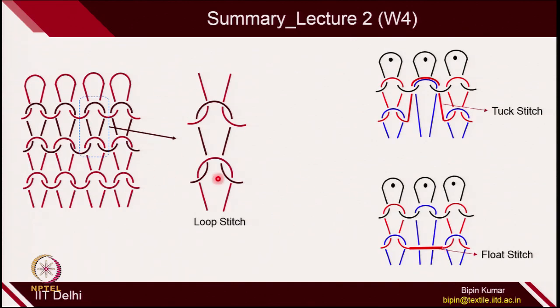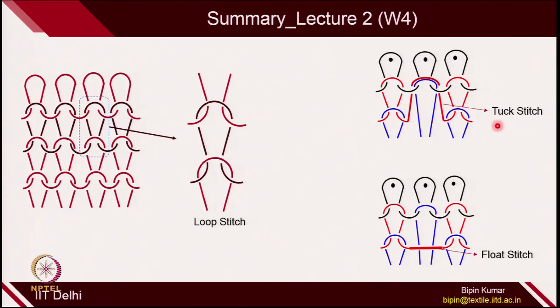How you intermesh the stitches inside the fabric structure is basically divided into 3 categories: loop stitch, tuck stitch and float stitch. And you can create these types of stitches by playing with the cams in the cam jacket.